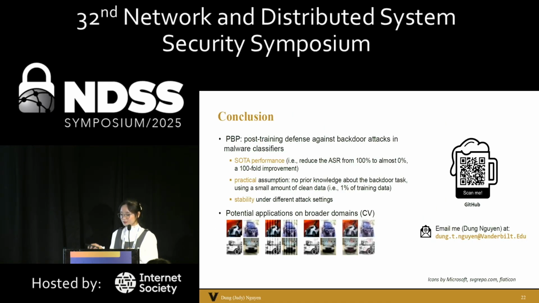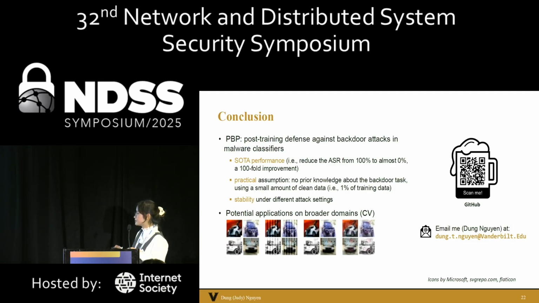And in conclusion, I have presented our method PBP, a post-training defense against backdoor attacks in malware classifiers. We achieved outperforming numbers, reducing the attack success rate almost from 100% to 0. And we have very practical assumptions: no prior knowledge about what kind of backdoor the adversary uses.